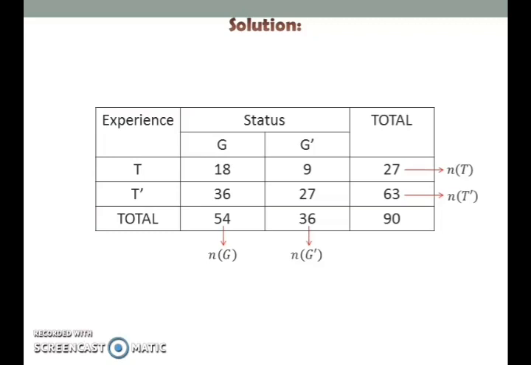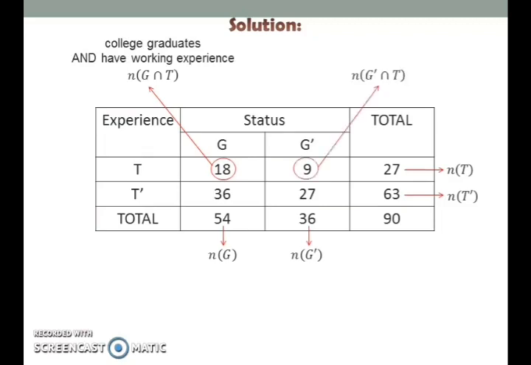Take note that the value in this box represents number of elements in G intersects T, which is number of people who are college graduates and have working experience. The value in this box represents number of elements in G prime intersects T, which is number of people who are not college graduates and have working experience.